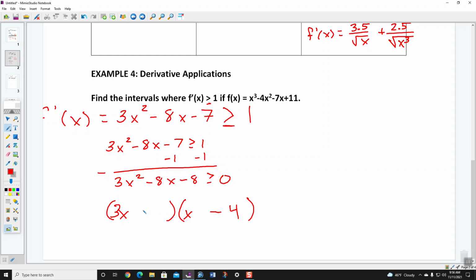Let's see, -2 plus 4. Is this thing going to factor? It's unfactorable. Can I try something real quickly? Go for it.